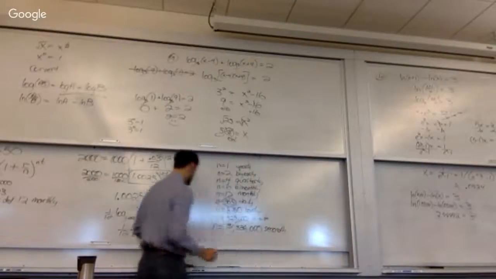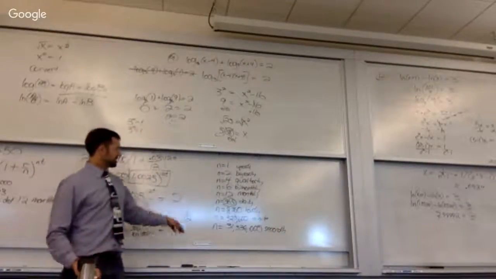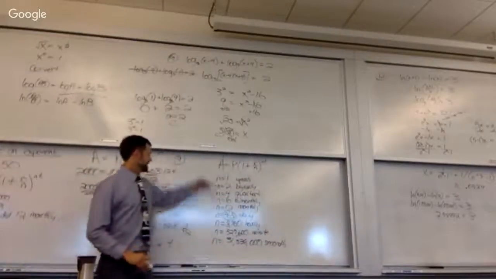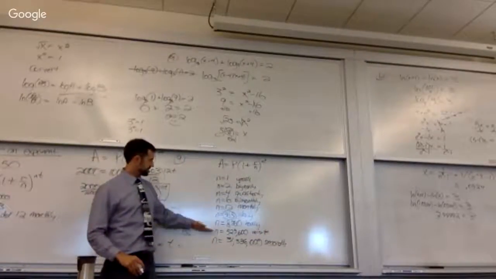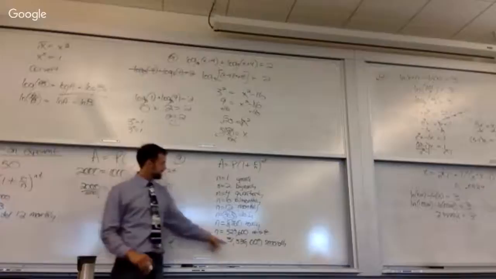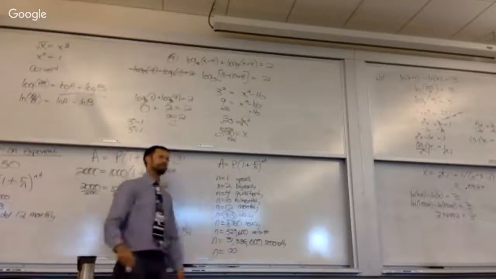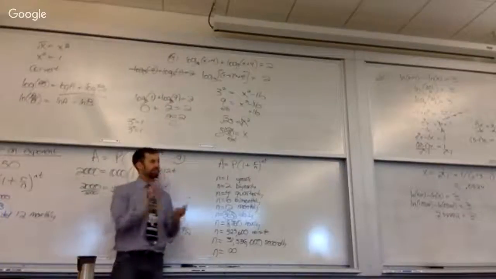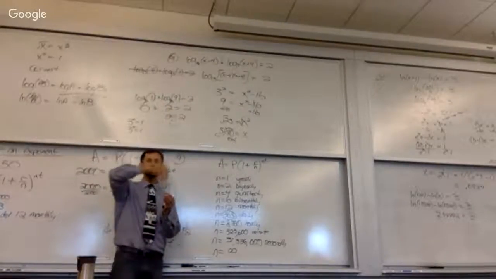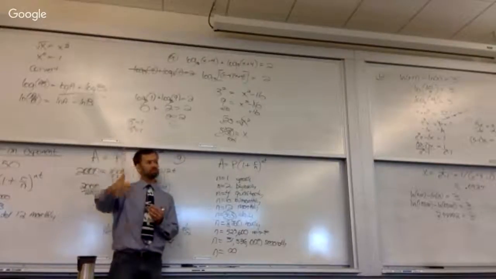Now I know I'm being silly here, but banks and financial people have actually considered this, and they said, what if we just go ahead and let n equal infinity? What I want is a constant stream of interest flowing into my bank account, like you turn on a faucet and water is just flowing in.